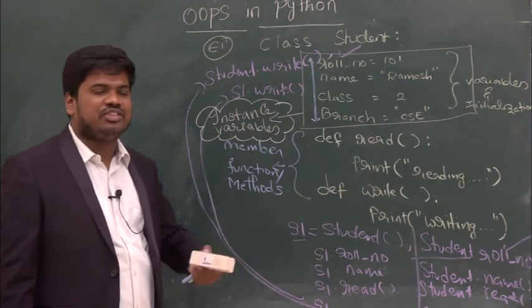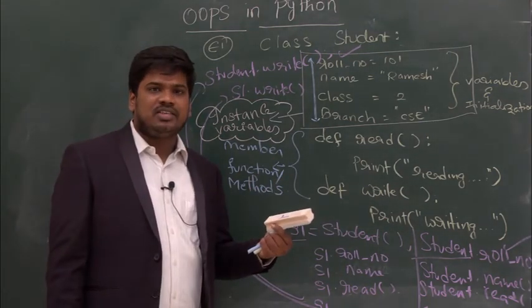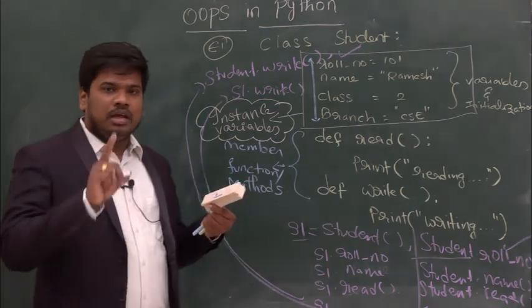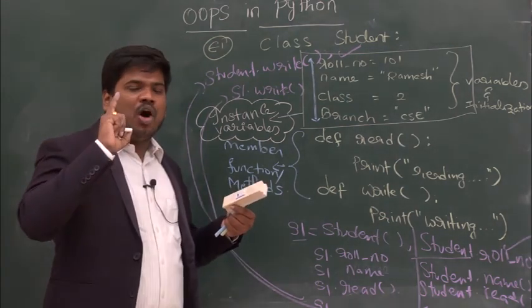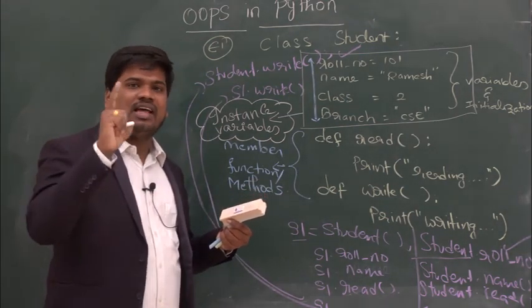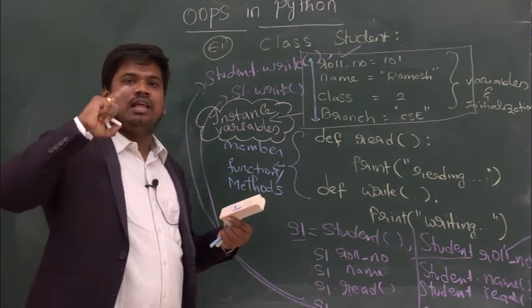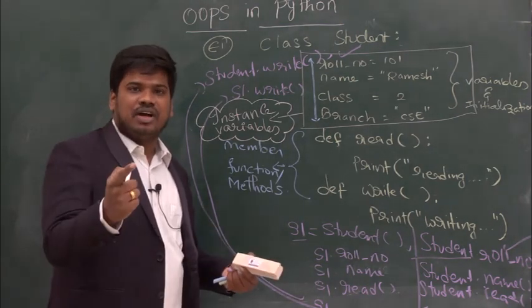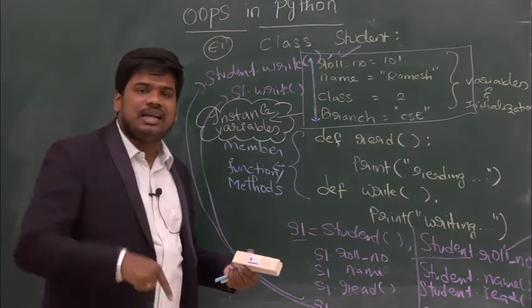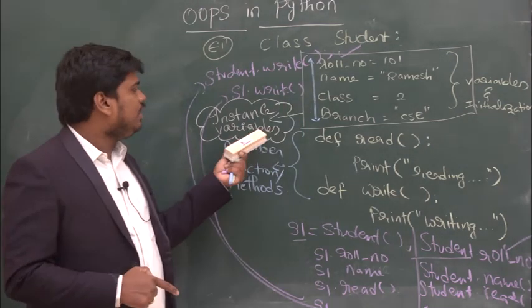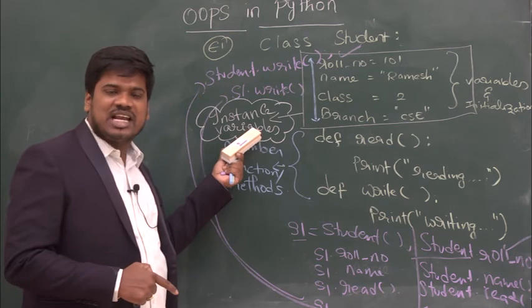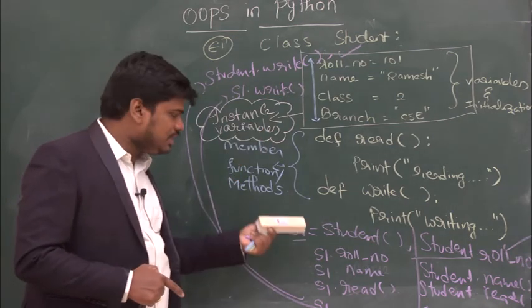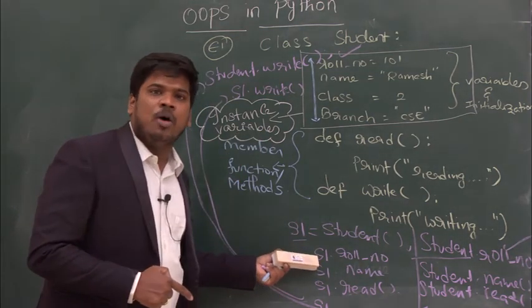Observe carefully the differences between an instance variable and a local variable. Remember, what are instance variables? If someone asks you that question, tell them the variables which are written outside my function and inside my class are known as instance variables, and these need to be accessed with my object.